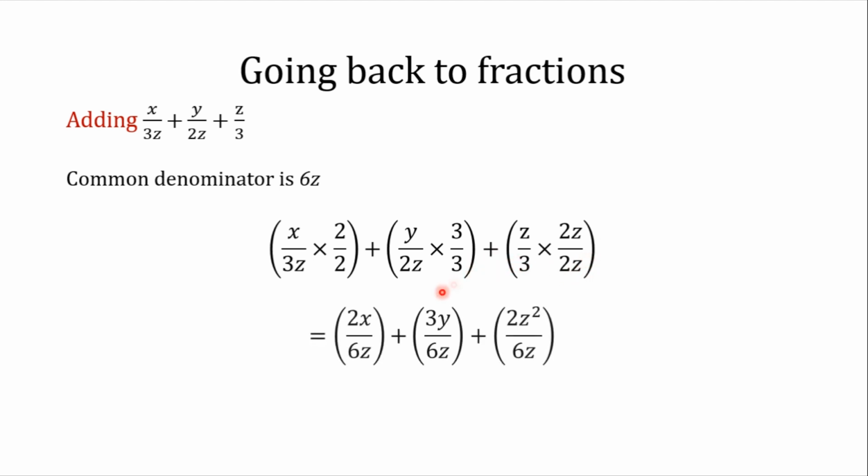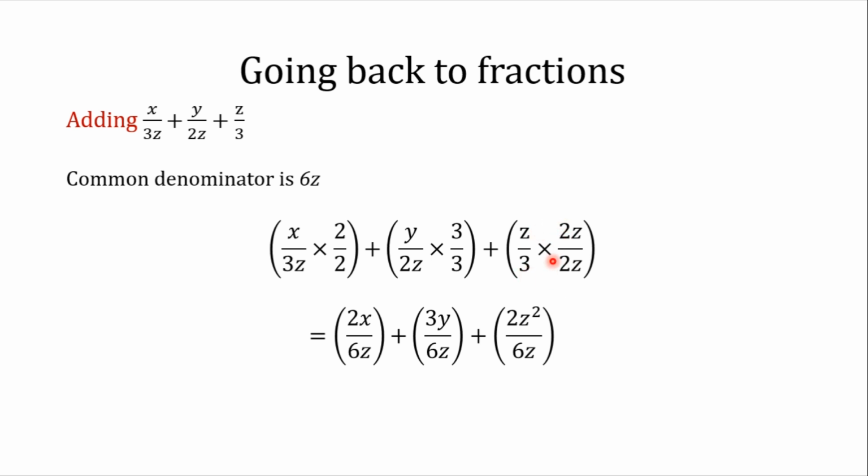So we get now the common denominator because we have x times 2, which is 2x, and we have 3z times 2, which is 3 times 2 times z, so that's 6z. And then for the second one, we have y times 3, that's 3y, and then 2z times 3, which is 6z. And lastly, that's z times 2z, which is 2z squared.